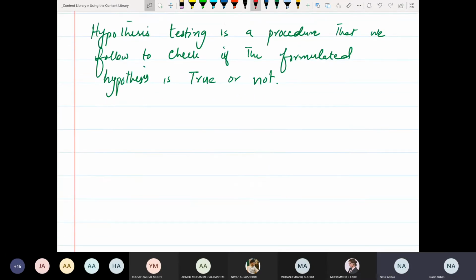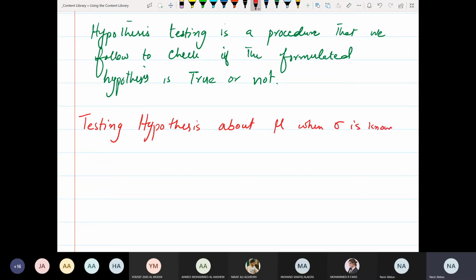So we start with testing hypothesis about mu. And we start with the simple case when sigma is known. If you remember, we had this similar case in chapter 8 when sigma was known.